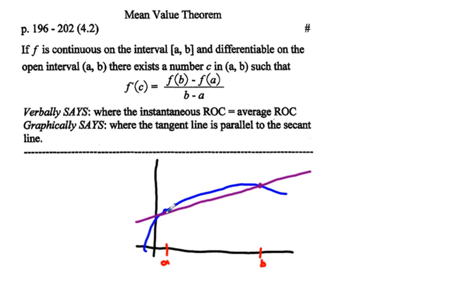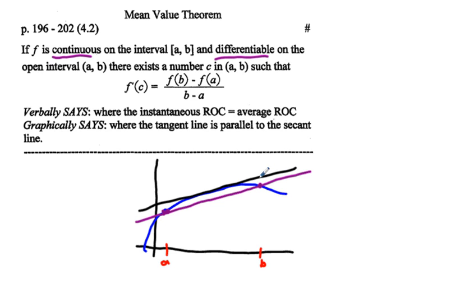Given this function is continuous and differentiable over the interval from a to b, I'm going to draw a tangent line that is parallel to the secant line.